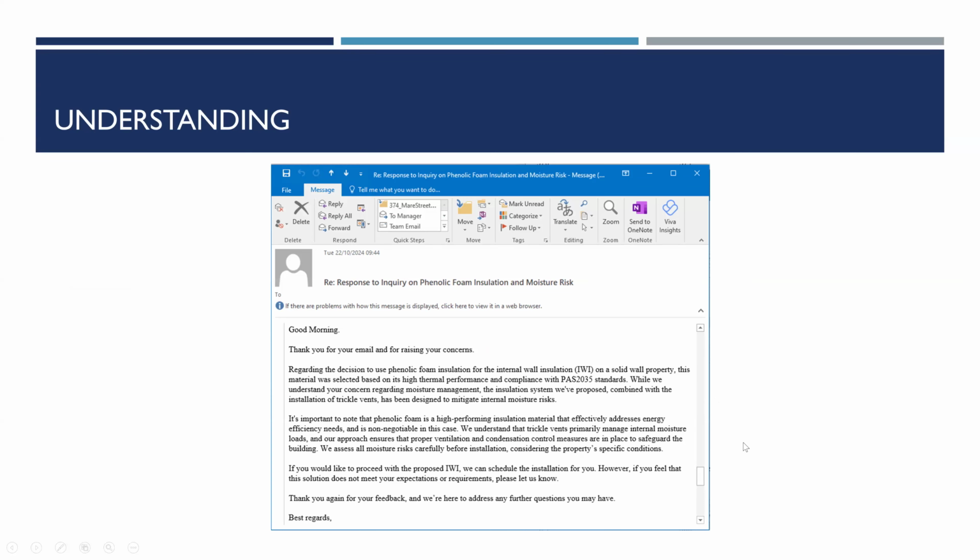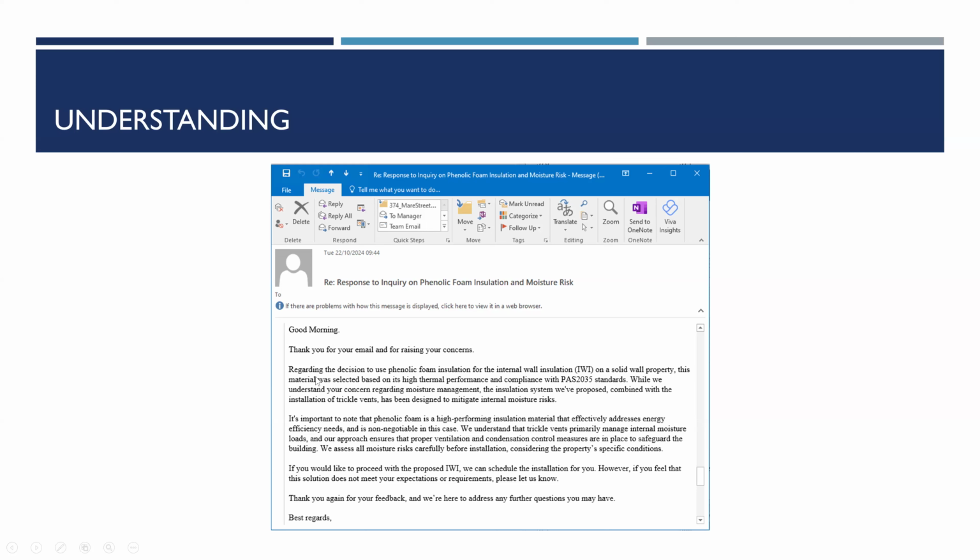This is problematic for me because this is the sort of stuff I've been seeing for years, and standards keep improving and guidance keeps improving, and you've got PAS 2035 and so on. But for the average householder who's not massively interested in this weird moisture stuff, I don't know how they know where to turn.